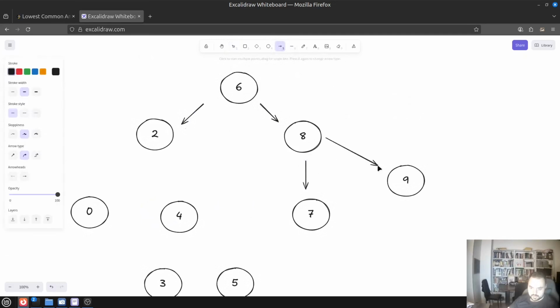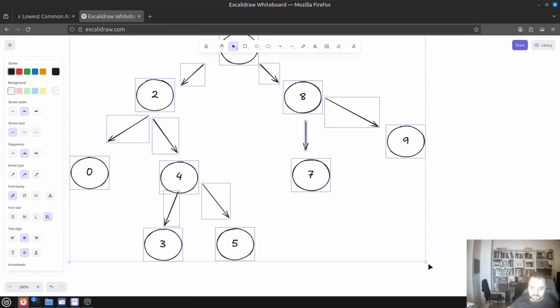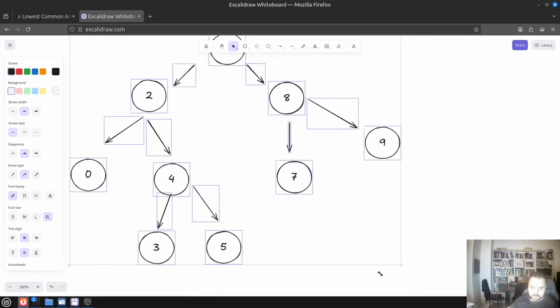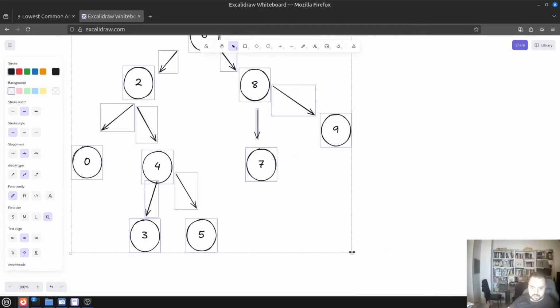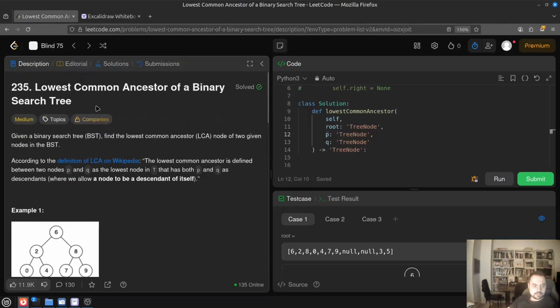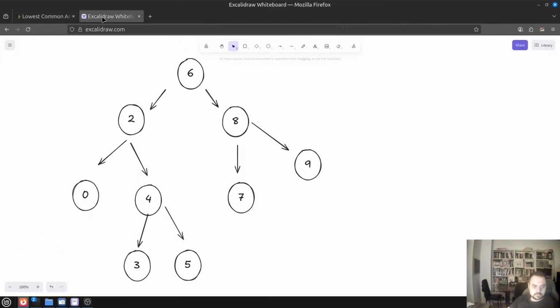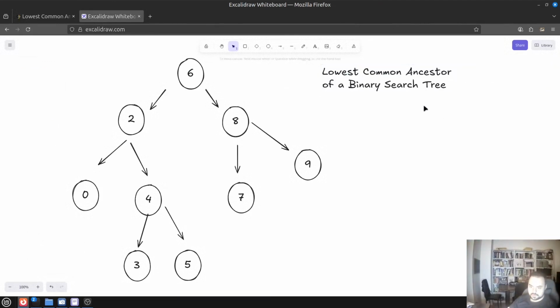Here, connect those two, then those two and the last two, 3 and 5. Like this. And let's copy the title, lowest common ancestor of a binary search tree.